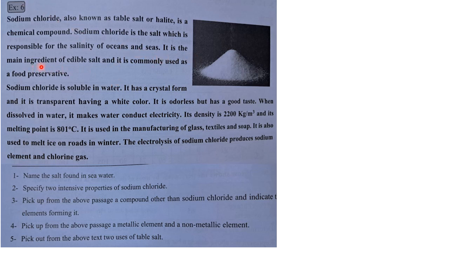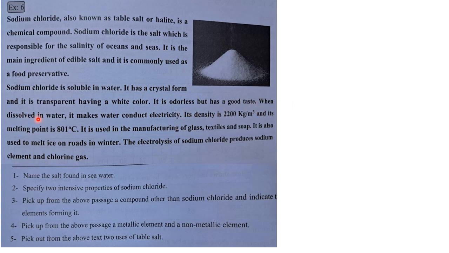It is the main ingredient of edible salt, and it is commonly used as a food preservative. Sodium chloride is soluble in water. It has a crystal form and it is transparent, having a white color. It is odorless, but it has a good taste.